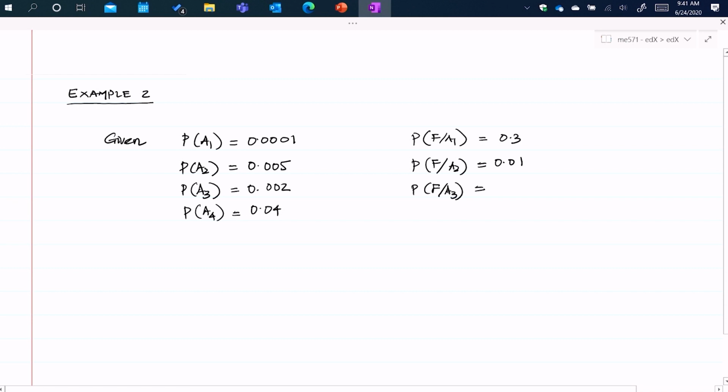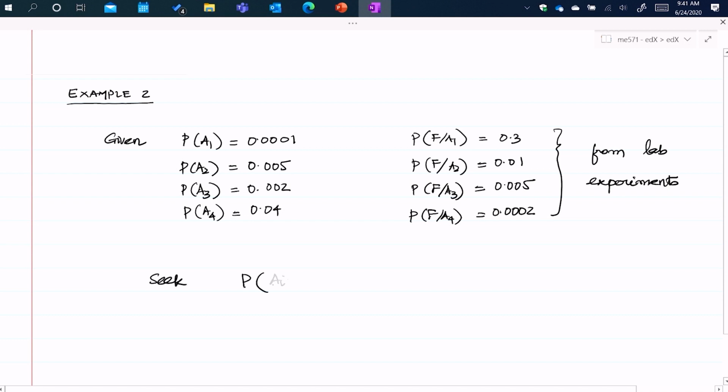And probability of failure given event A3 is 0.005, and probability of failure given A4 is 0.0002, and these will be typically obtained from lab experiments. And what we seek is probability of Ai, the failure cause Ai, given that failure has occurred.